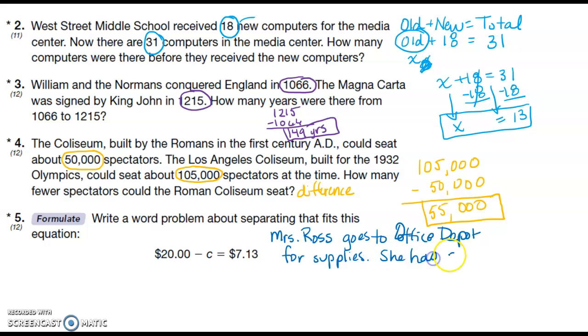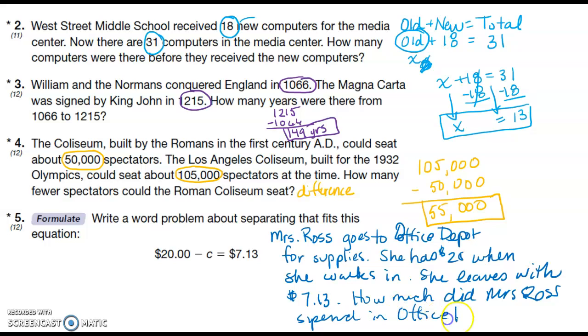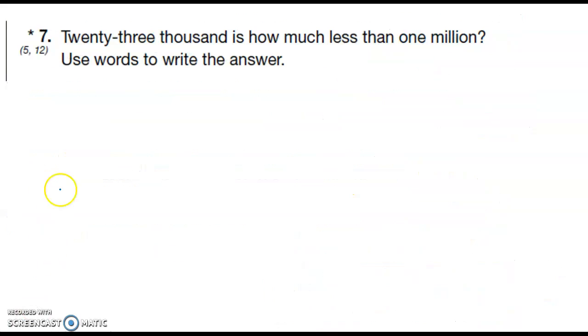She has $20 when she walks in. She leaves with, I know you can't read this, but hopefully you can hear it, $7.13. How much did Mrs. Ross spend in Office Depot? Not enough. I love office products. Okay, so it doesn't tell us to solve this, so I'm just going to keep my little narrative right there. We'll go on to the next problem.